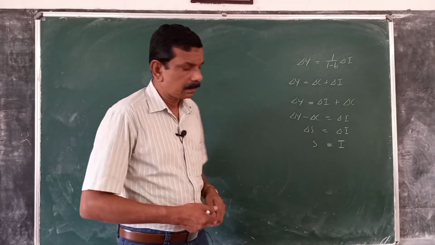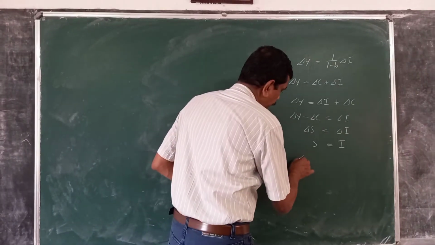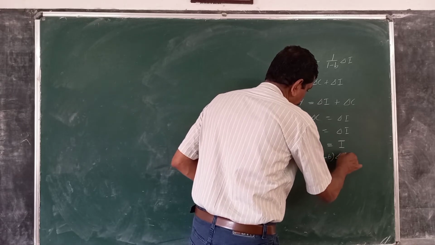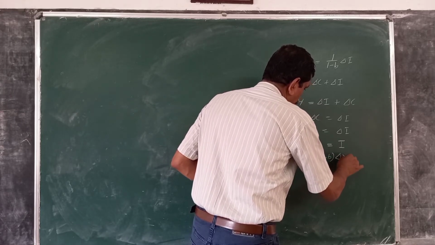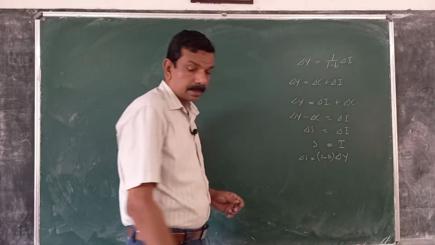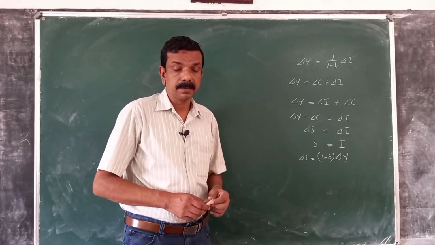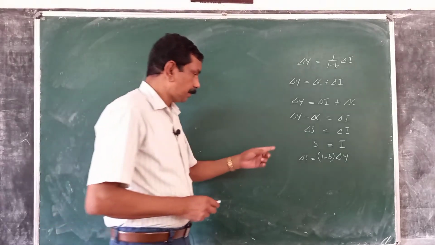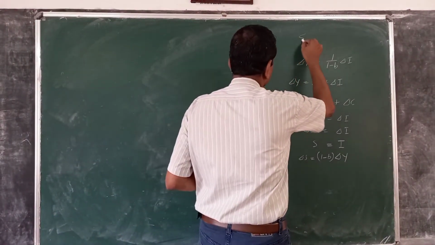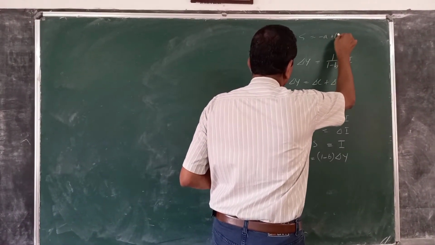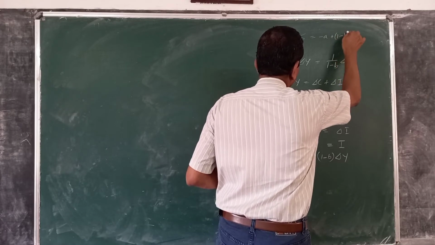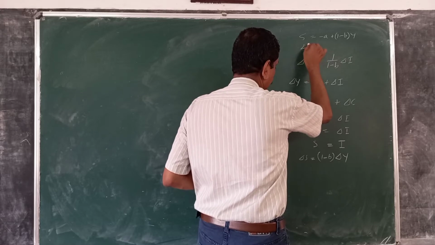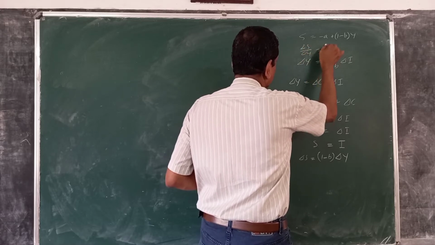And we know that delta S is equal to 1 minus b into delta y, because S is equal to minus a plus 1 minus b y, and delta S by delta y is equal to 1 minus b.